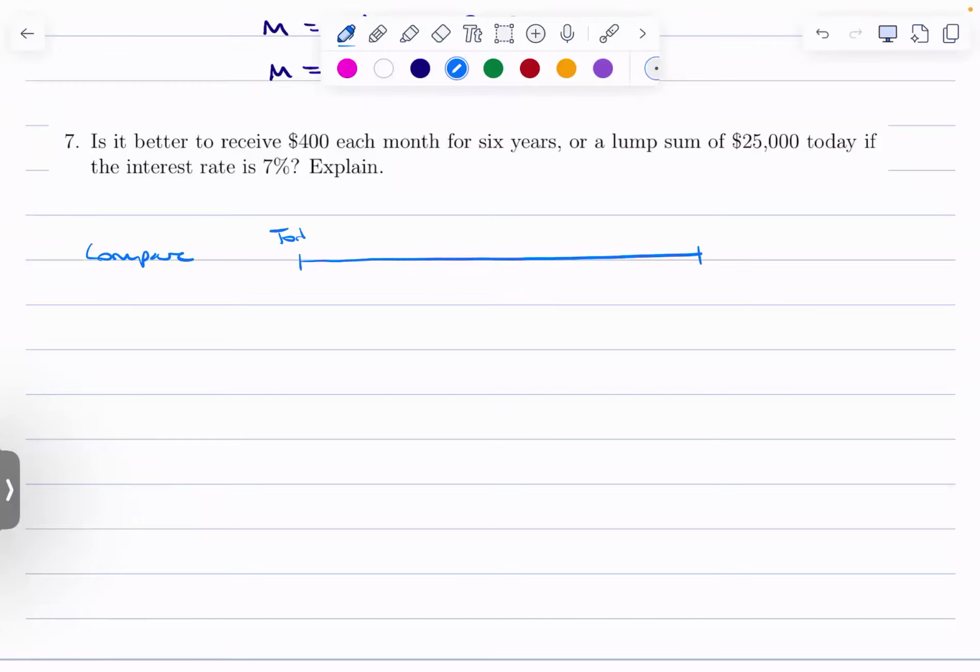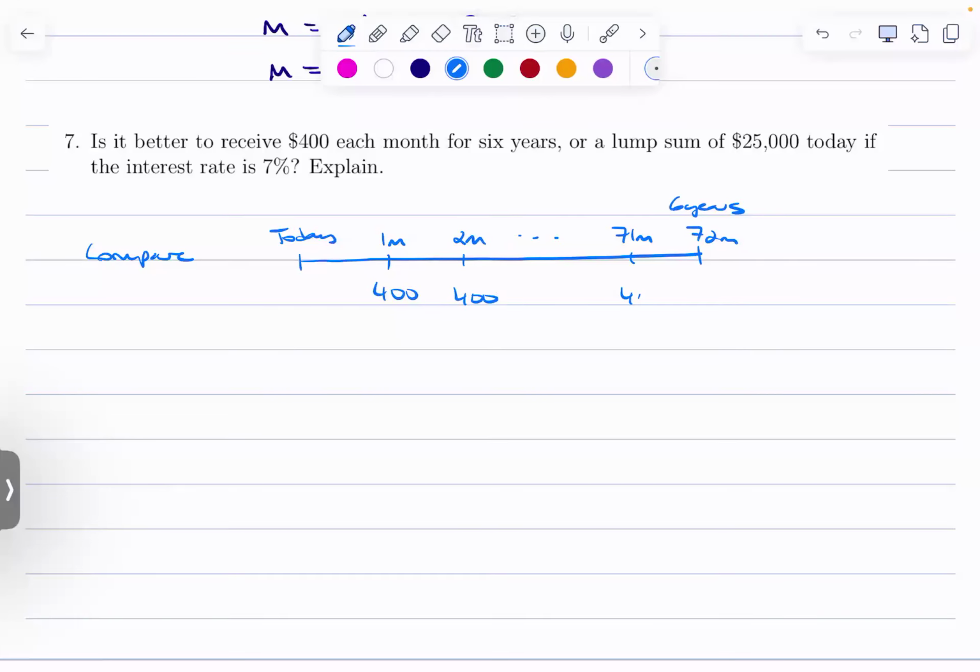Here we are today, and for 1 month, 2 months, all the way to 6 years. 6 years has 72 months. And we get $400 each month.